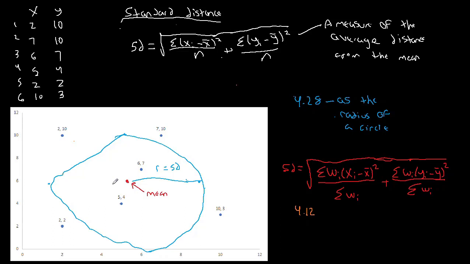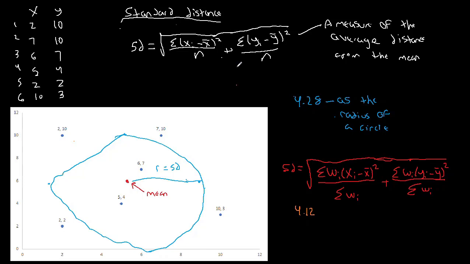Okay, so I'm going to repeat that one more time. Standard distance has this implicit assumption that the variation is more or less uniform in all directions. And it's not a stretch of the imagination to find that the real world doesn't necessarily work that way. You might have data that is distributed along a different orientation where one direction has more variation than the other.